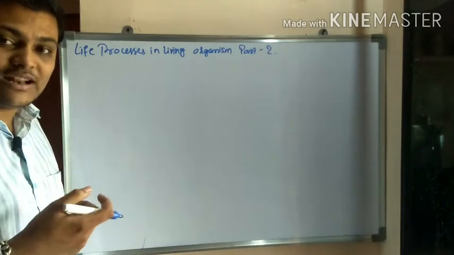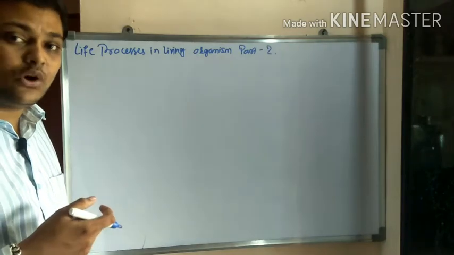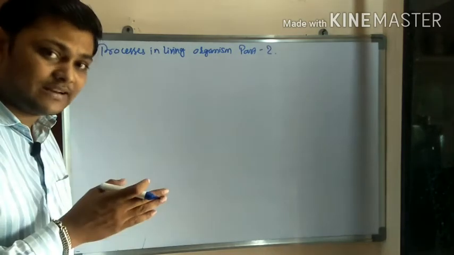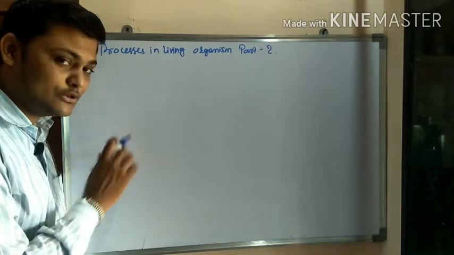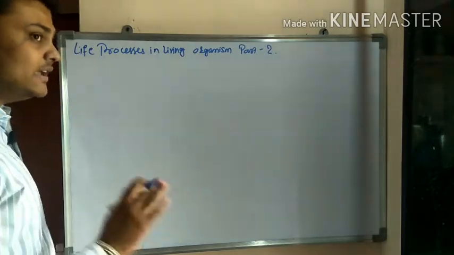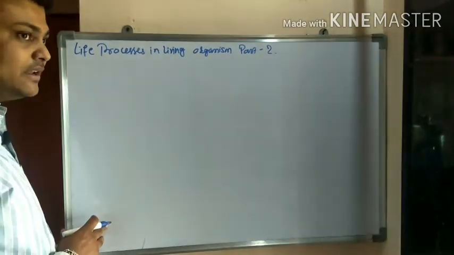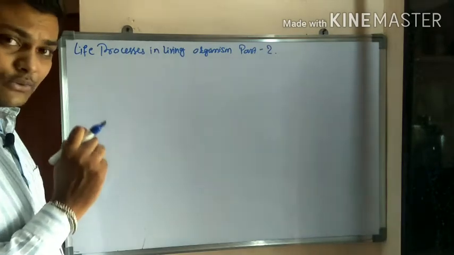A new organism is formed directly from the first parental cell into the daughter cell.